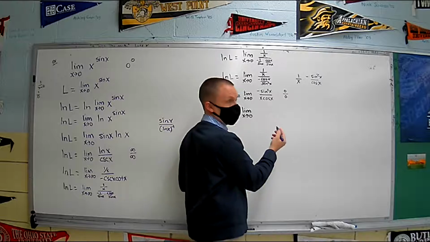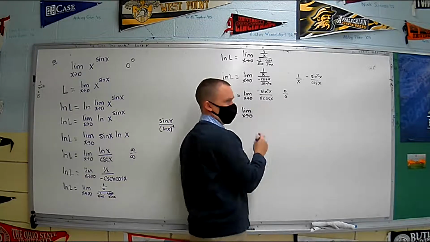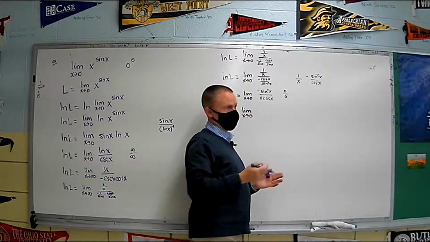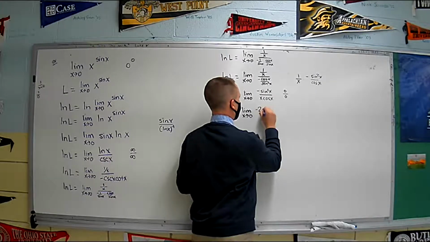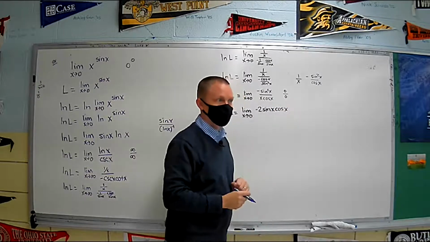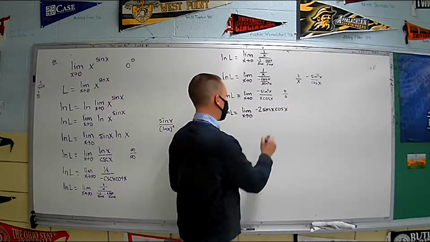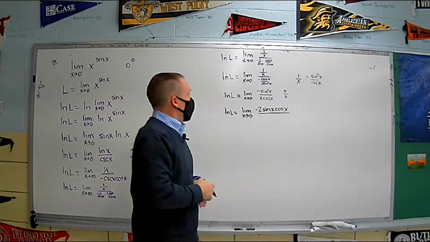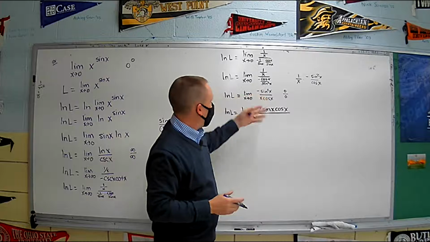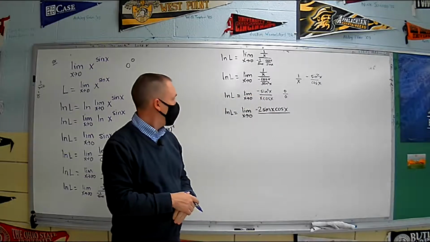So the derivative of the top, I hope that you can take the derivative of sine squared in your head. I hope you can say that's 2 sine of x times cosine of x. And it's negative because there was a negative floating in there, and I just ended up with it in the numerator. Okay?